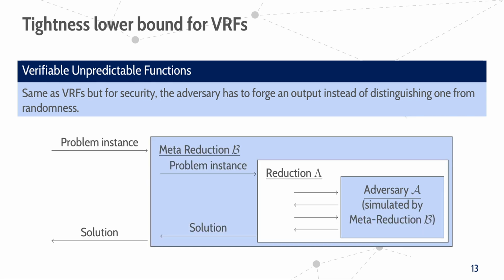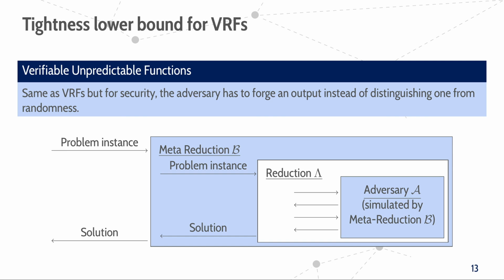That is, we build a meta-reduction around the reduction that also solves the same hardness assumption. However, instead of using an adversary, the meta-reduction simulates an adversary for the reduction. Therefore, in this proof, it is actually the reduction that solves the instance of the hardness assumption, not some adversary. This way we can show that any polynomial time reduction that has a loss of less than Q would be able to break the hardness assumption without the help of an adversary.